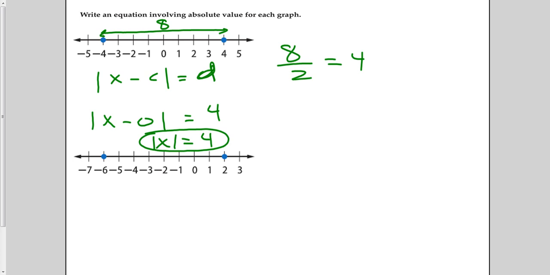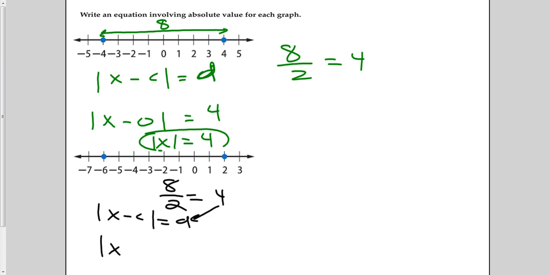Now I have another expression that I want to look at. I'm starting at -6, and I'm going all the way to +2. That is a distance of 8. So half of 8 is 4. So again, with my formula, I'm going to plug in 4 here.